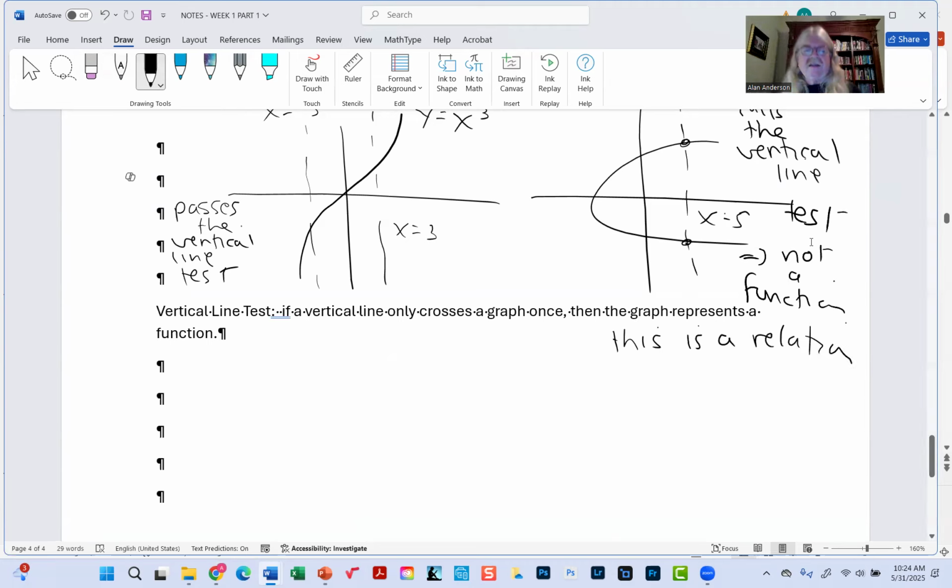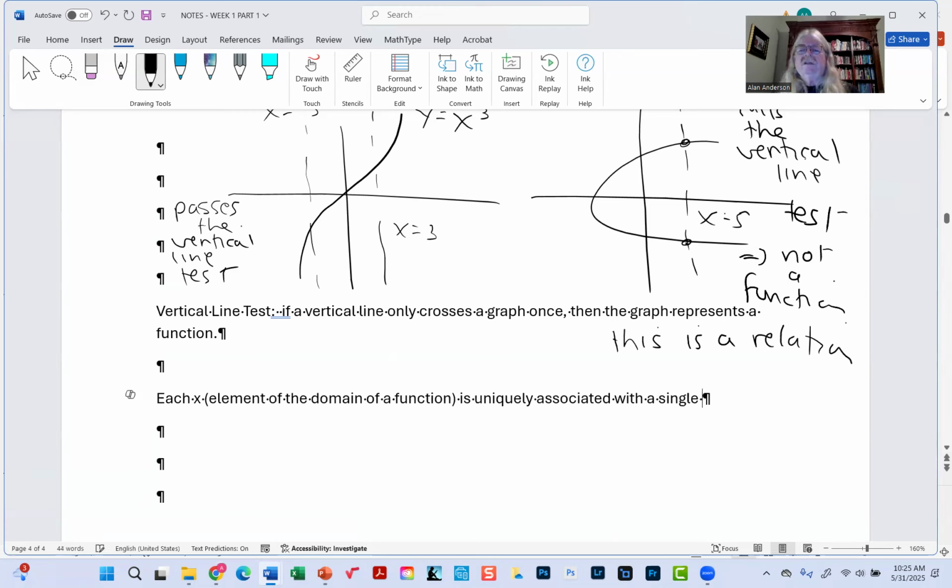the point of a function is that each x is uniquely associated with a y, or what I should say is each x, by which I mean element of the domain, is uniquely associated with a single value of y, meaning an element of the range.